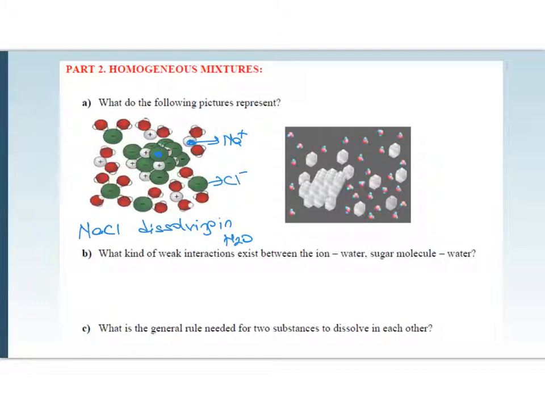Now this is sugar, C6H12O6, and these are water molecules. So what is the difference between them? This is a molecular dissolving. This is an ionic dissolving.